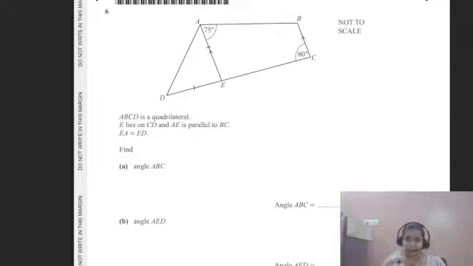You have to find the angle ABC from that. For angle ABC, this one you need to find.